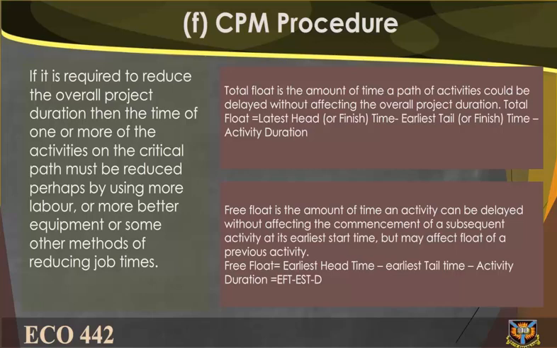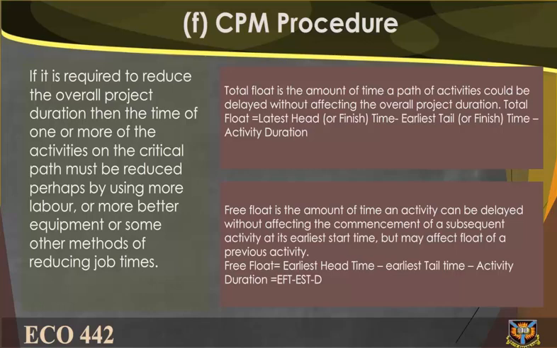on the critical path must be reduced, perhaps by using more labor or better equipment or some other methods of reducing job times. Total float is the amount of time a path of activities could be delayed without affecting the overall project duration. Total float equals latest head or finish time minus latest tail or start time minus activity duration.